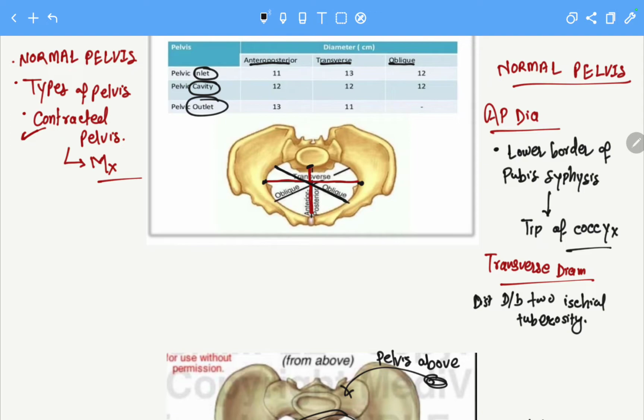For the inlet, the AP diameter is 11 centimeter, the transverse diameter is 13 centimeter, and the oblique diameter is 12 centimeter. This is for the normal gynecoid pelvis.